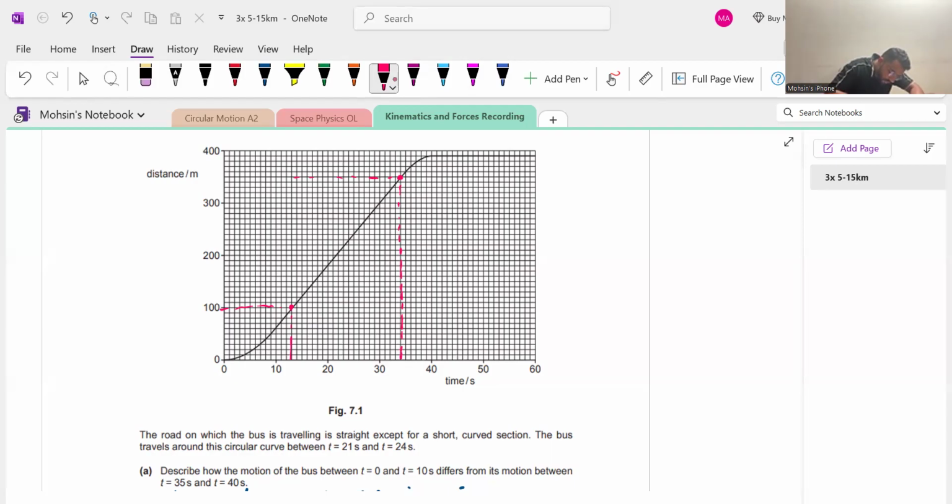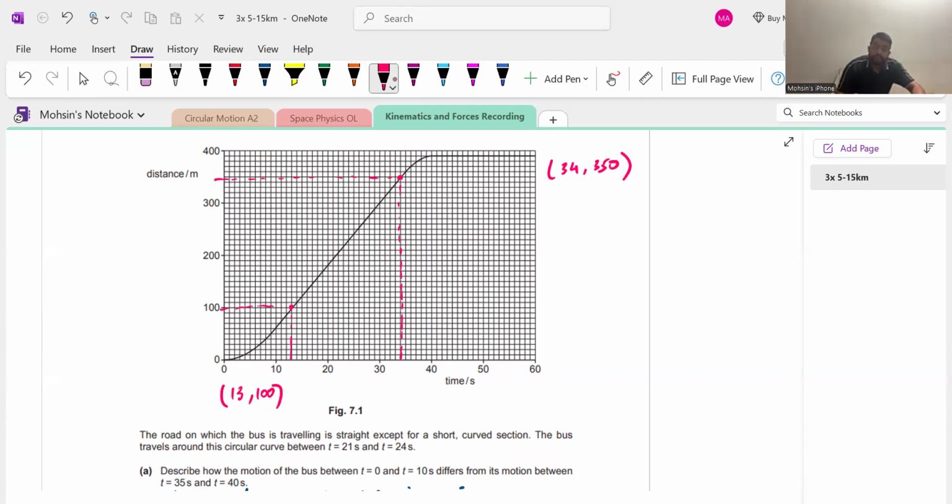You can choose any point. Okay, so here it is 13, 100, and here it is 34, 350. So these are the 2 points.